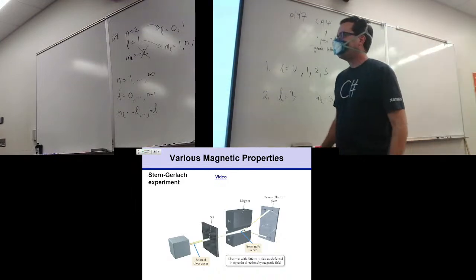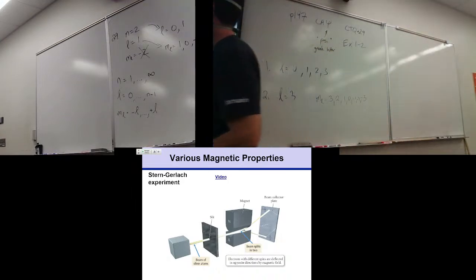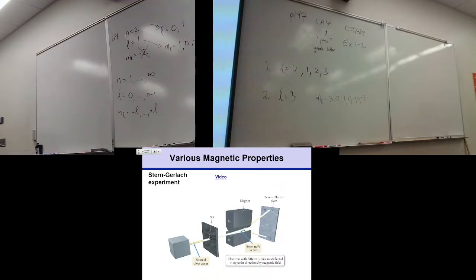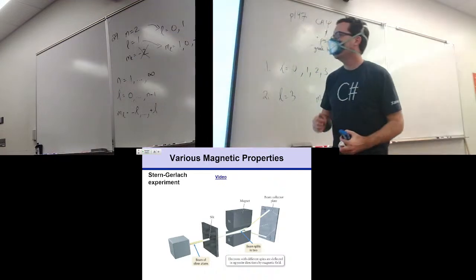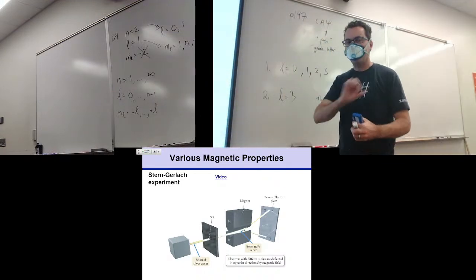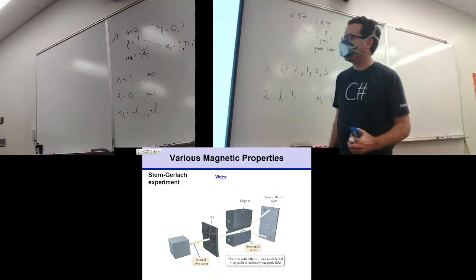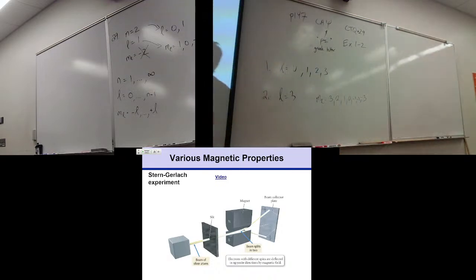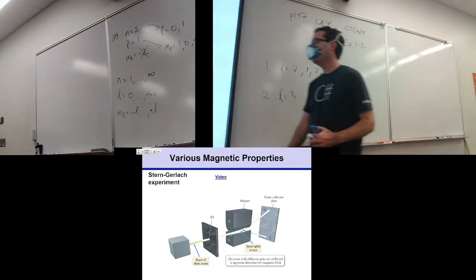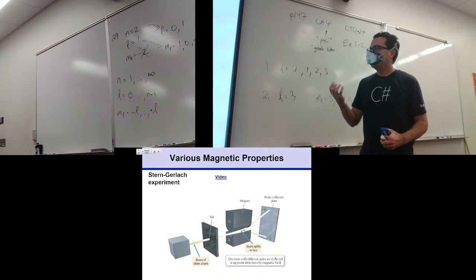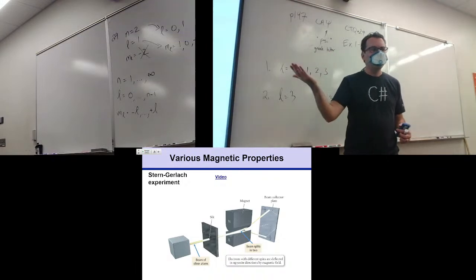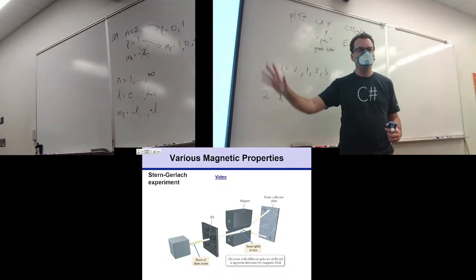But it turns out that if you shoot silver atoms, you have a stream of silver atoms in a vacuum. They're in gas phase, that's how you can shoot silver atoms. And if you shoot them between a really strong magnet, well, these silver atoms are not ions, they're just pure neutral atoms.